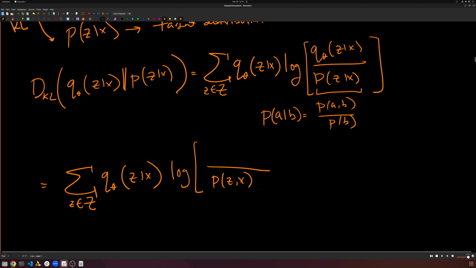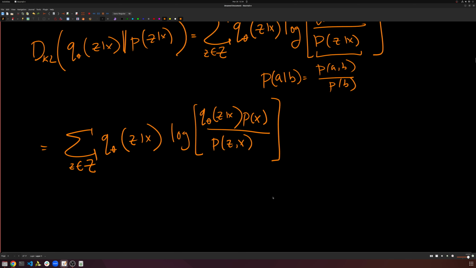And because it's divided, it will go to the numerator, so we'll have probability of x up here. And then we still have our Q theta z given x. So that is the first step. All we've done is leverage our typical conditional probability formula, just like before, and there we go.